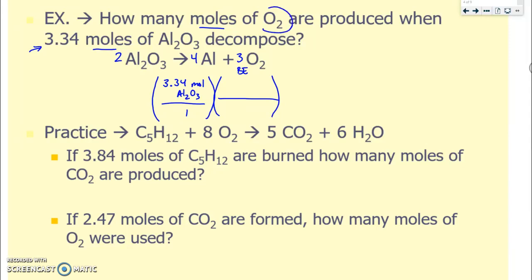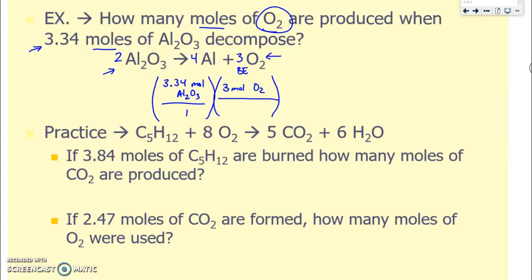The question's asking us about oxygen, so that's what we want. So we go to our balanced equation and we see that we have 3 oxygens, so 3 moles of O2, and we're getting rid of our given, right? So we're still doing dimensional analysis, diagonal drop, so the Al2O3 has to go on the bottom.